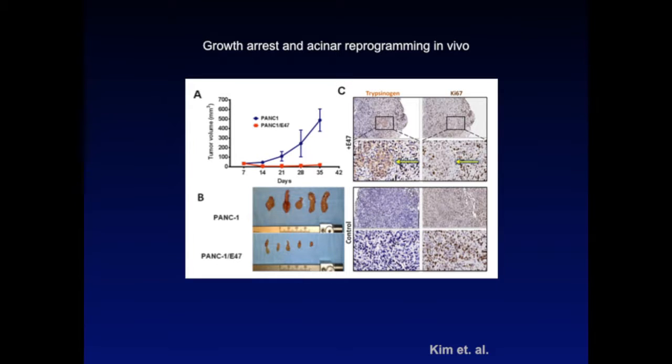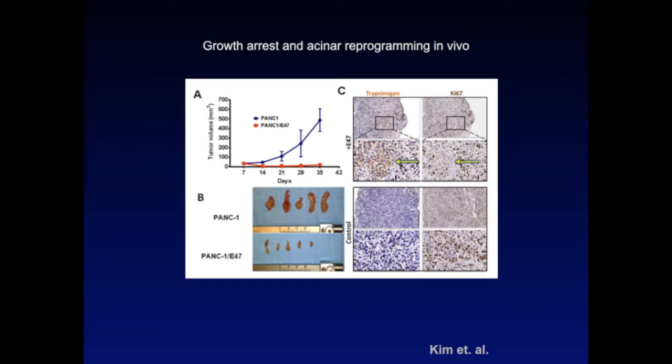So we wanted to know if the same would happen in vivo, and what we used here were PANC1 cells that did not have inducible E47, or those that did, and all cells were treated with tamoxifen so that the PANC1 would have that control. And what I want to point out is that E47 had a profound effect on tumor growth.